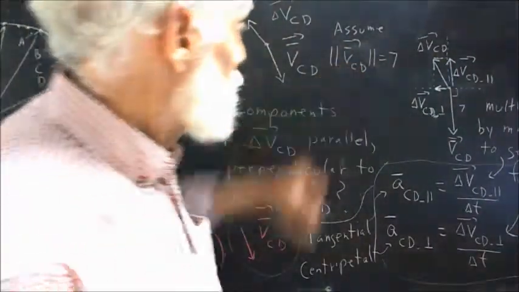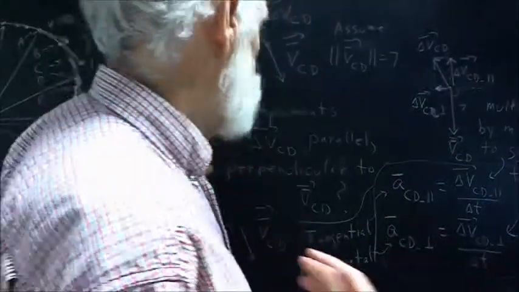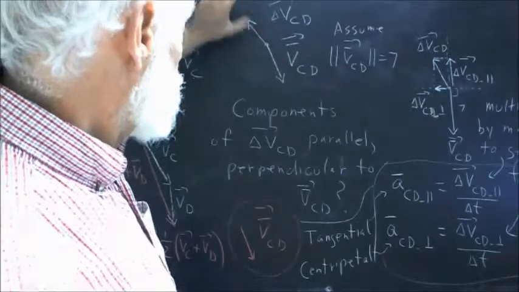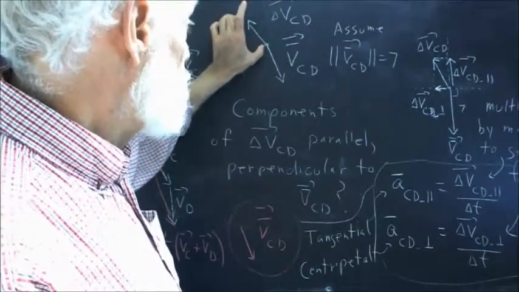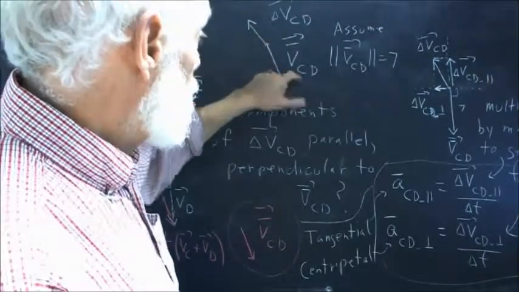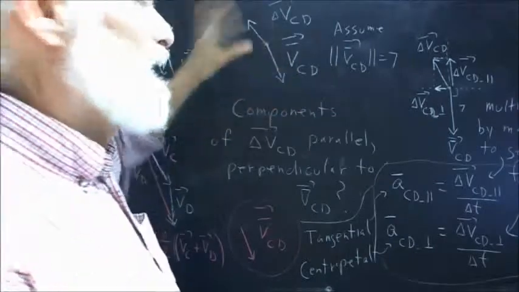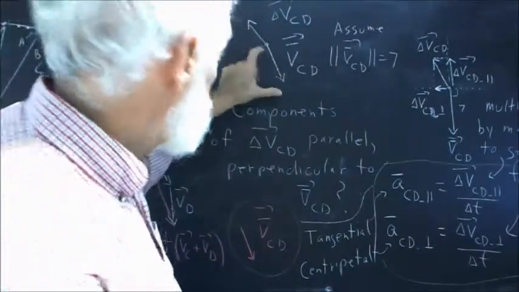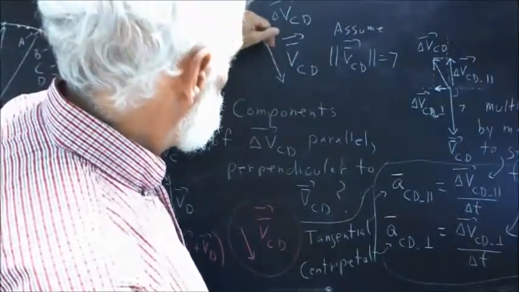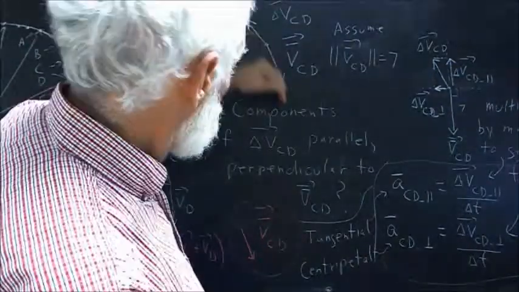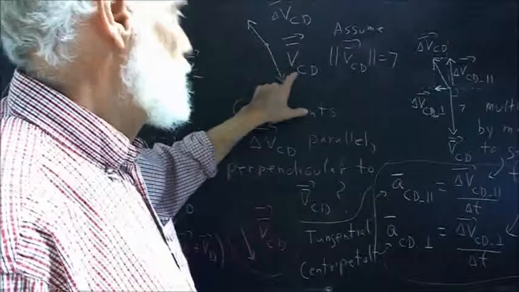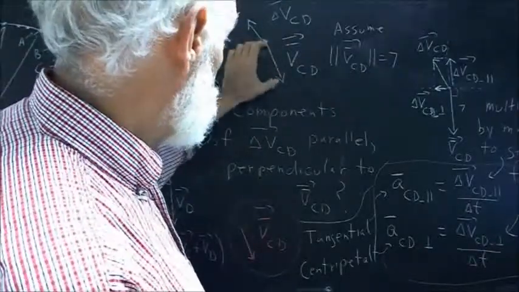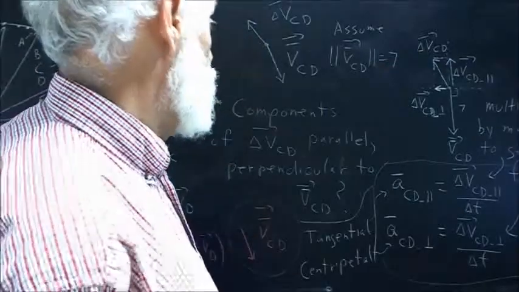Under that assumption, I asked people to estimate the components of the delta VCD vector, the change in velocity vector, parallel and perpendicular to the average velocity vector. So components of this vector, parallel and perpendicular to this vector.